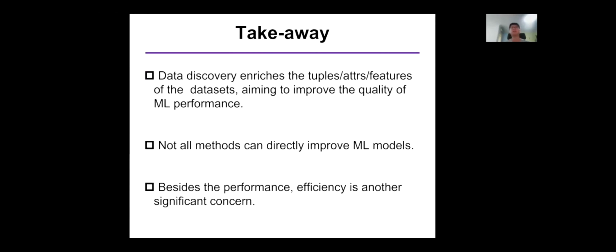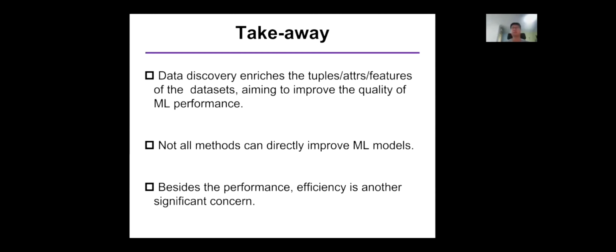So here is a takeaway of data discovery. Data discovery enriches the tuples, attributes, or features of the dataset, aiming to improve the quality of the machine learning performance. But not all methods can directly improve the machine learning models. These methods just consider enriching the dataset, discovering more tables, more attributes, or whether tables can be unioned or joined.